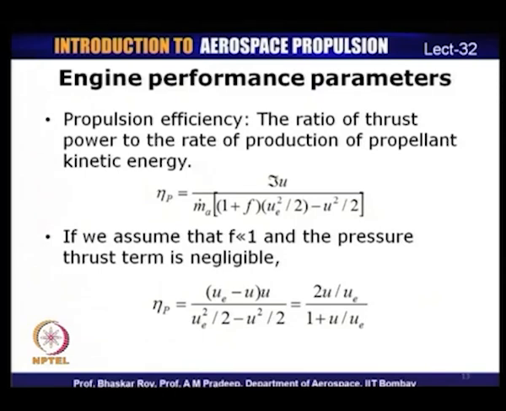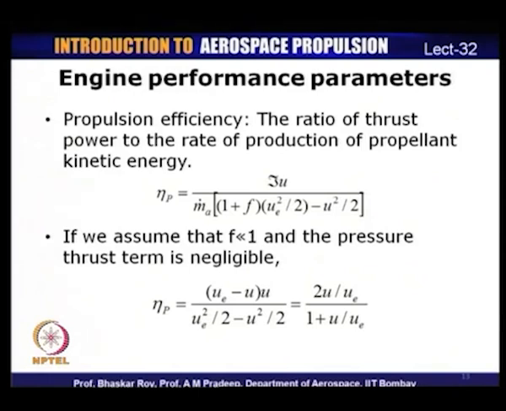Thrust power is the product of the thrust and the ambient velocity, or the flight speed, that is u, and the rate of production of propellant kinetic energy is the difference between the kinetic energy of the exhaust and the kinetic energy at the inlet.